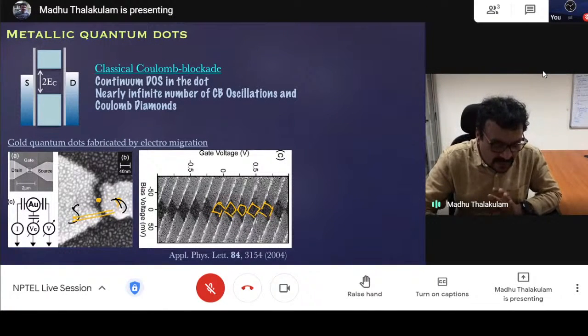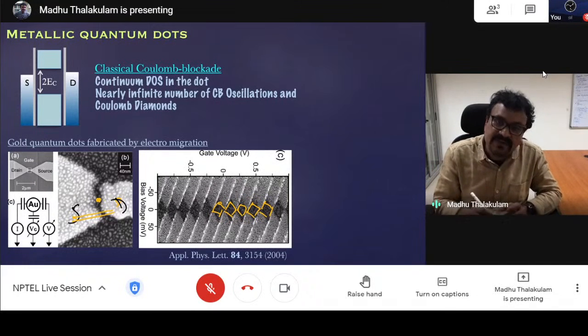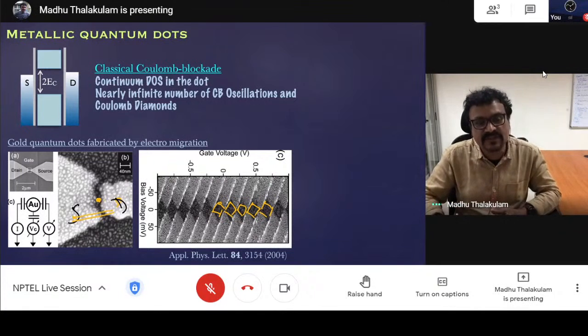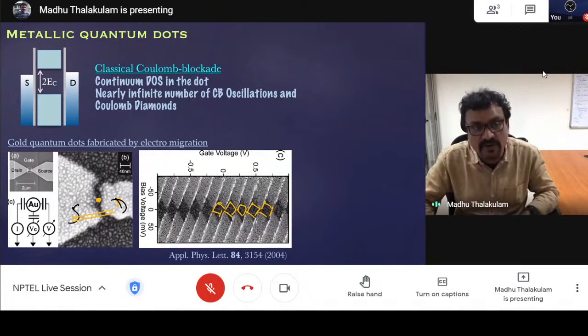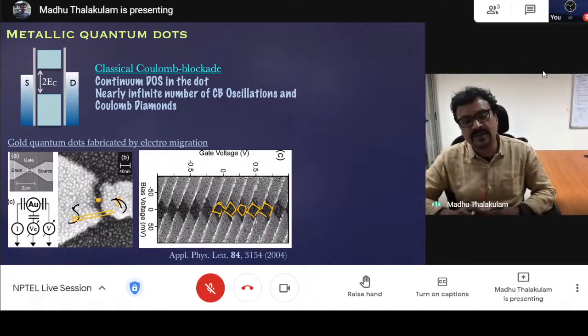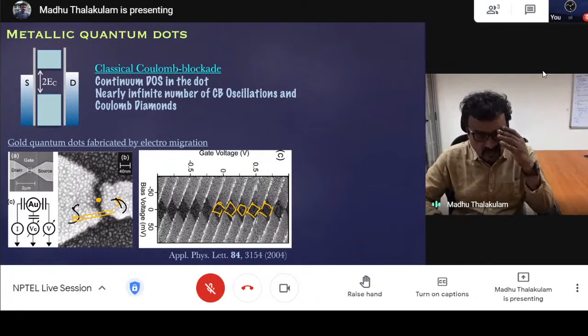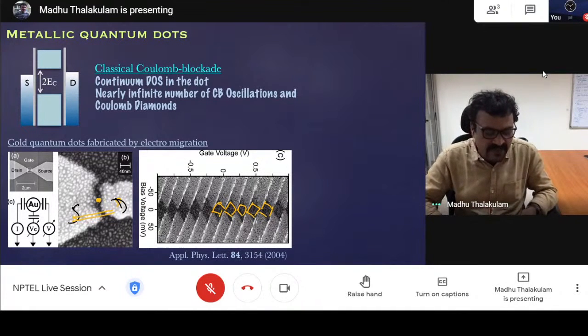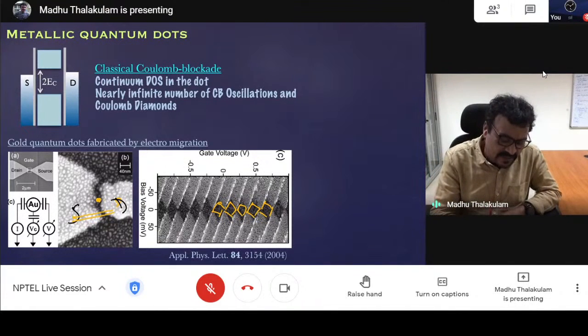So what I am trying to say here is the number of states available inside a dot is kind of infinity, because if you take a metallic dot, there are so many electrons in the system, the electron concentration is so high, and the levels are so close. So the levels inside the dot are kind of continuous, as shown here.